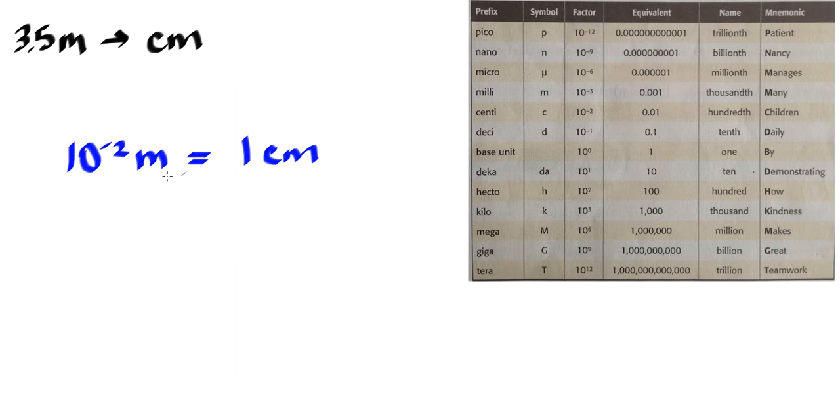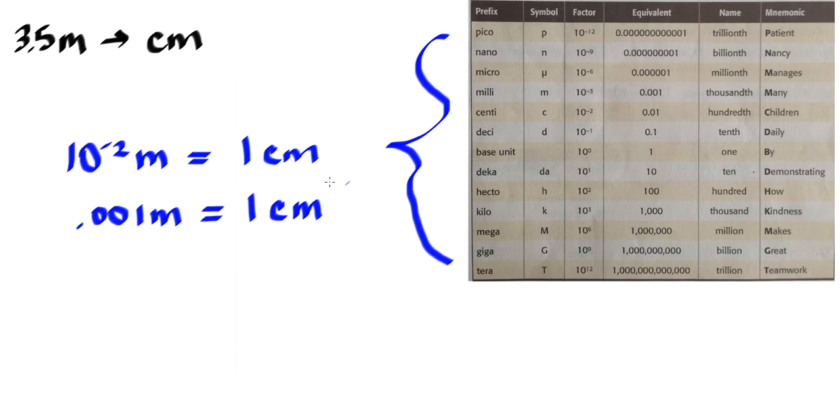I don't know why. A lot of people don't like to write it like this. Or 0.01 meters for every 1 centimeter. That is what this table is telling you, okay? But remember, if this makes sense, go with this.